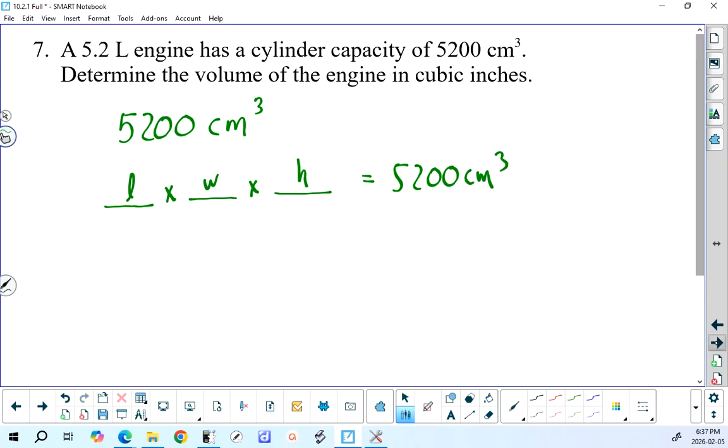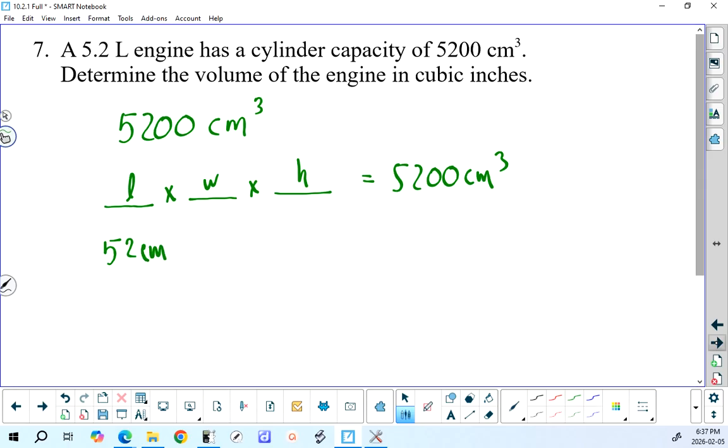So what we're going to do is make a box out of this volume in our head using three numbers, any three numbers that multiply to give 5,200. Well, there's 100 in there, right? 52 could be a length. And then there's 100.